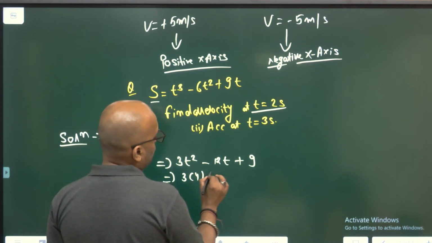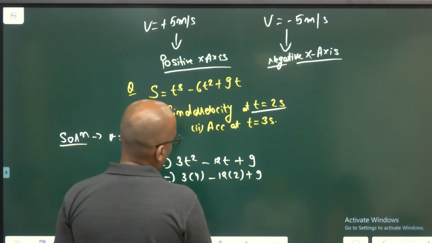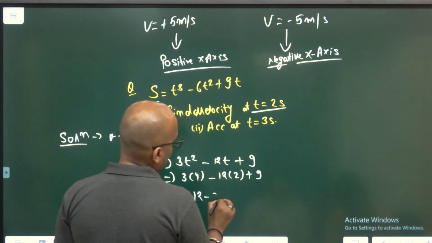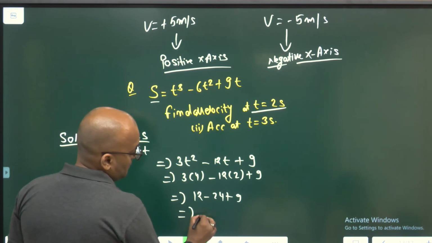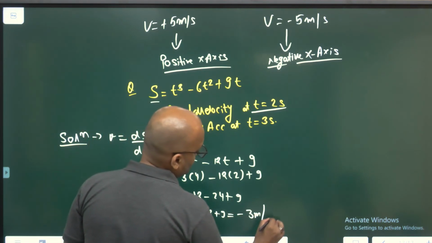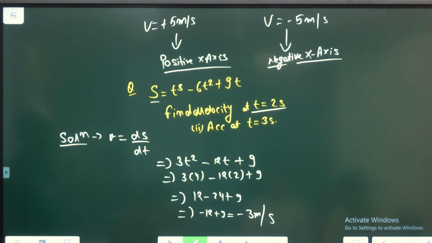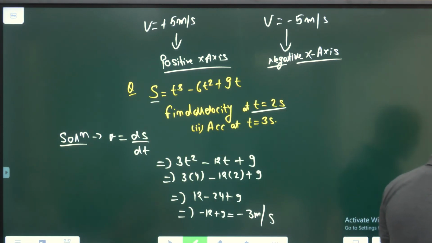So 3 into 4 minus 12 into 2 plus 9, that is 12 minus 24 plus 9, that is minus 12 plus 9, which is minus 3 meters per second. So it is along negative x-axis.